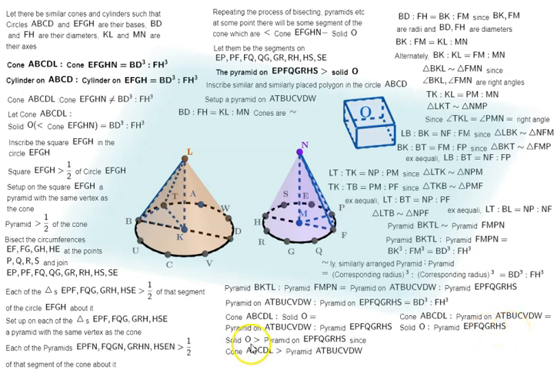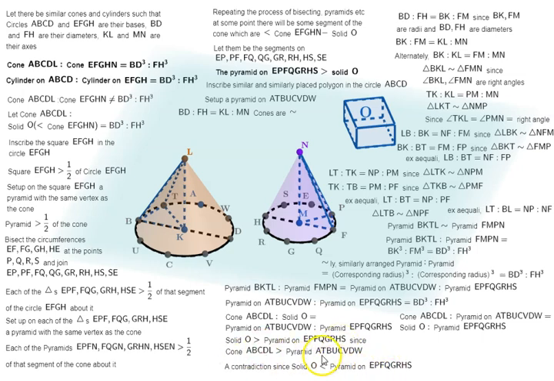Which is a contradiction, because we have a statement that the pyramid on EPFQGRHS is greater than solid O, and here we are ending up with solid O is greater than pyramid on EPFQGRHS.